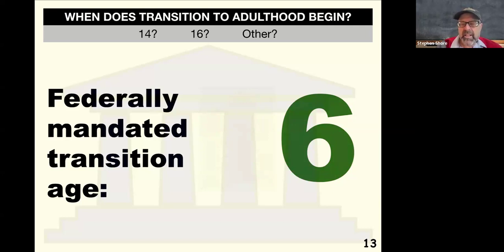Whereas we really should be thinking about transition to adulthood as early as 6, maybe even earlier than that. So, for example, when I was taking apart watches, maybe it looked like I could have been a watchmaker. I would have needed a lot of support in all other aspects of adult life, but at least this was something I could do and be happy doing it and being good at it.